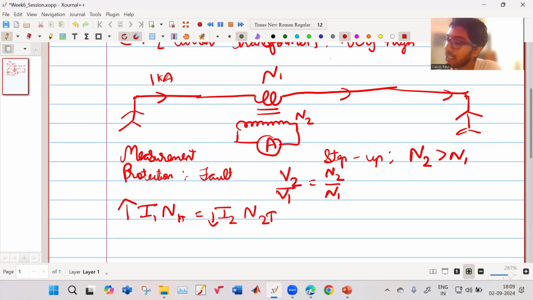This ammeter can measure current only between 0 to 10 ampere. So the maximum current over here can be 10 ampere, and here 1 kiloampere, that means 1000 ampere, is flowing. So what should be my N2 and N1? Let us say N1 is actually 1 turn. So what should be my N2? 1000.